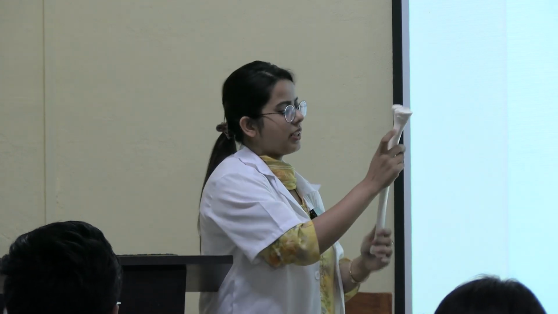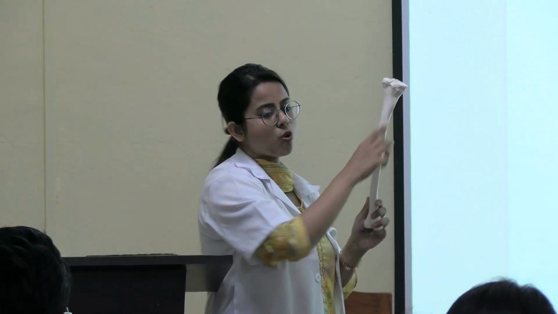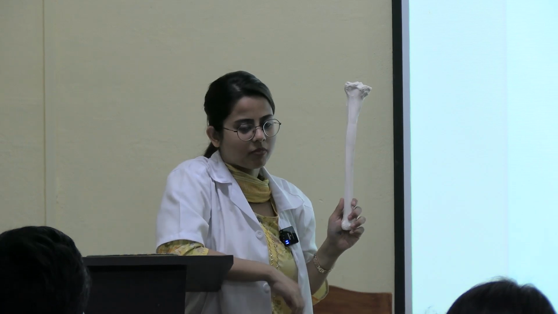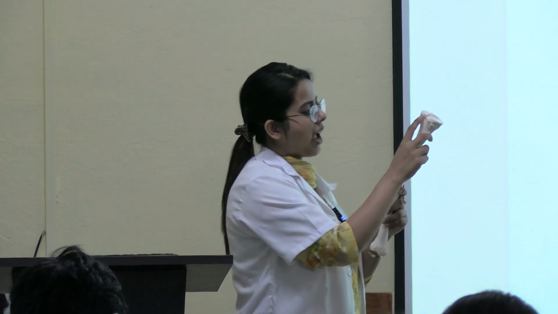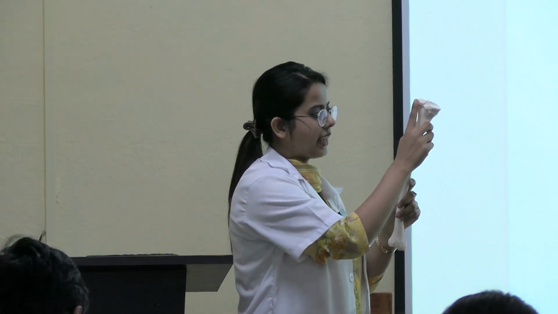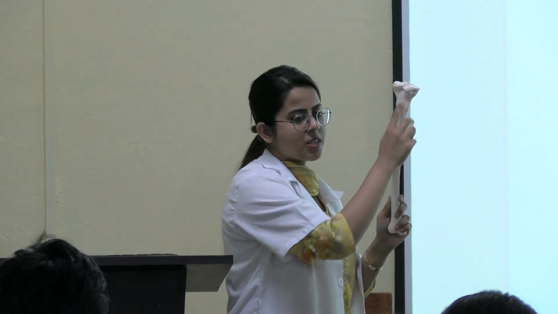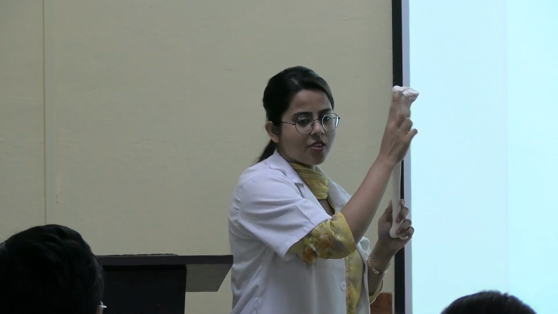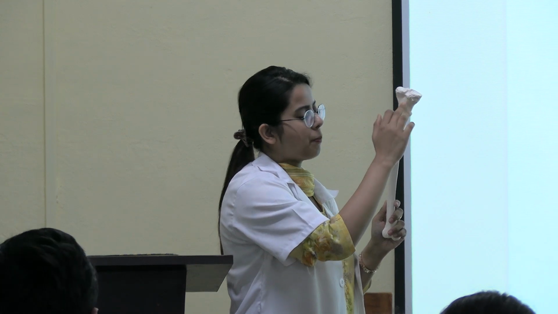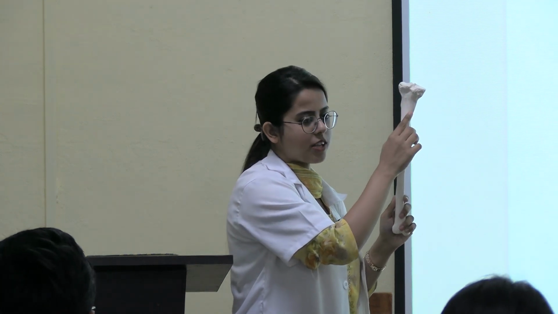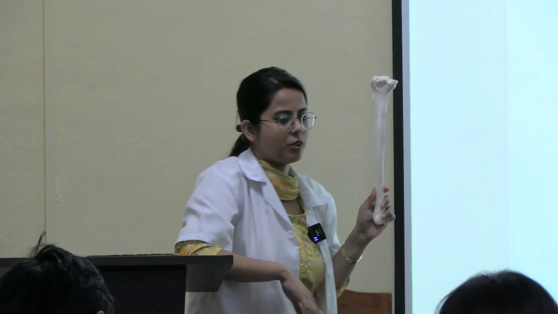Okay, so let me tell it. In the soleal line, the soleus muscle is attached. And also in this triangular area, I will repeat it again later, there will be popliteus muscle. So the fascia covering the popliteus muscle and soleus will also be attached to the soleal line, and also the deep fascia of the leg.